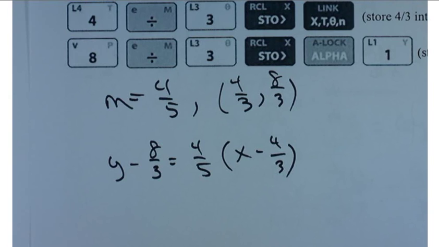All right, I'm not going to go through and distribute and find it in slope-intercept form. Decimals can graph it from here, which is cool.